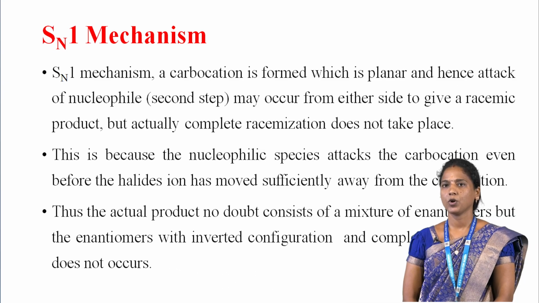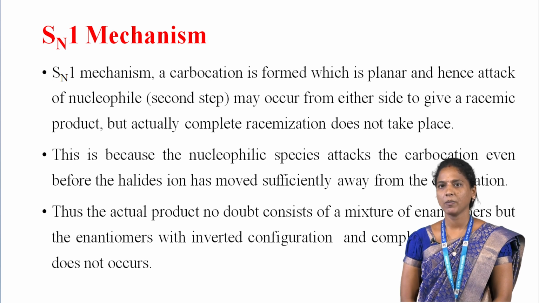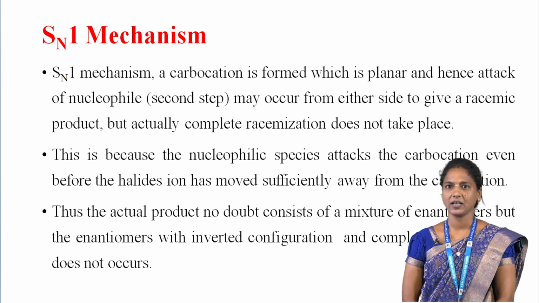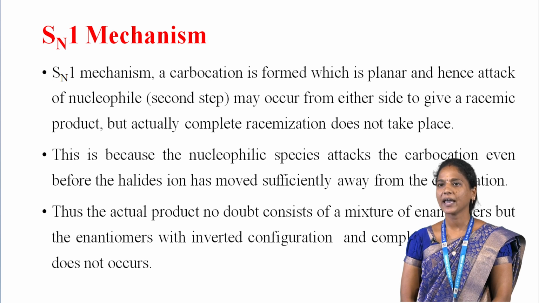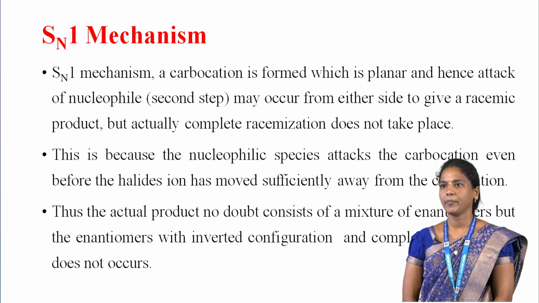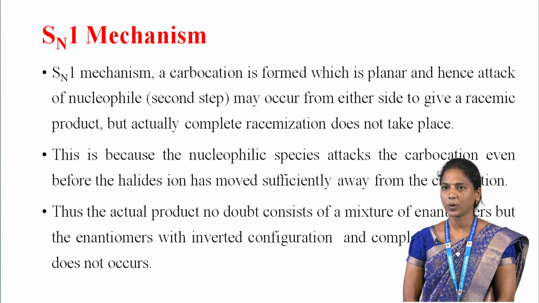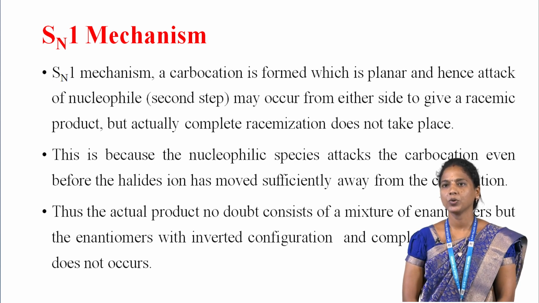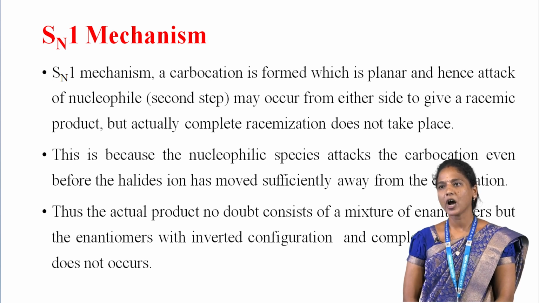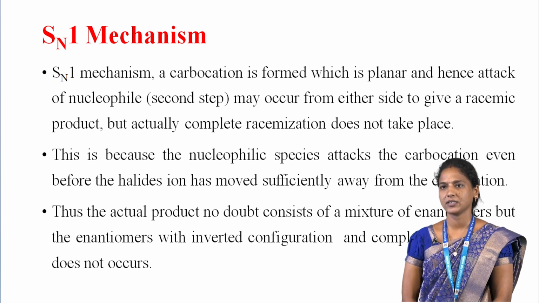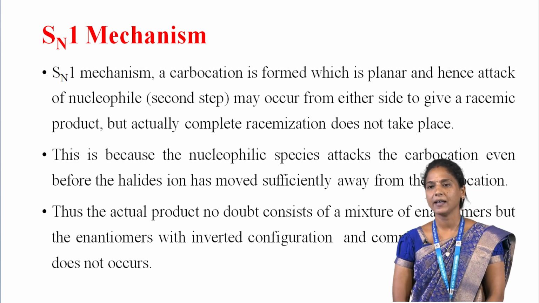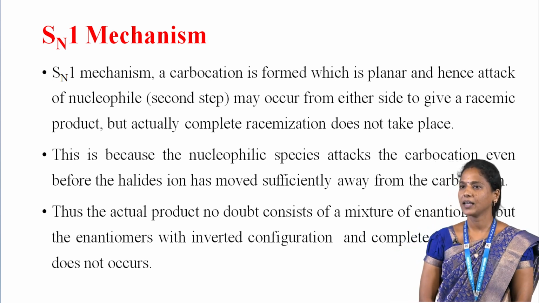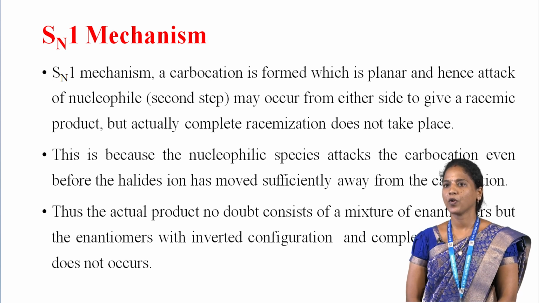SN1 mechanism. You know, SN1 mechanism means unimolecular nucleophilic substitution reaction. In the SN1 mechanism, a carbocation is formed which is planar, and hence a nucleophile can attack. This is the second step. Attack may occur from either side to give a racemic product, but actually complete racemization does not take place. This is because the nucleophilic species attacks the carbocation even before the halide ion has moved sufficiently away from the carbocation.